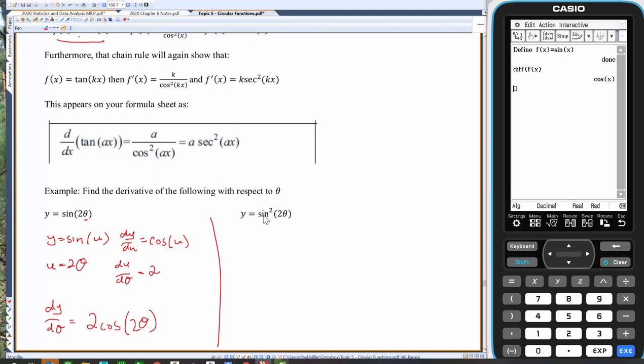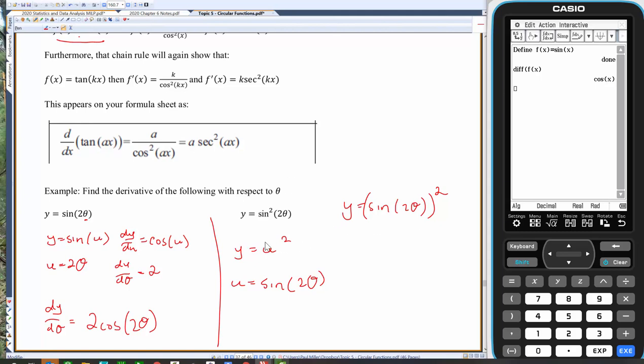All right, now what we've got here is y equals sine 2 theta all squared. In this case, we're going to do a kind of double chain rule. The way I'm going to do it is y equals u squared, where u equals the sine of 2 theta.